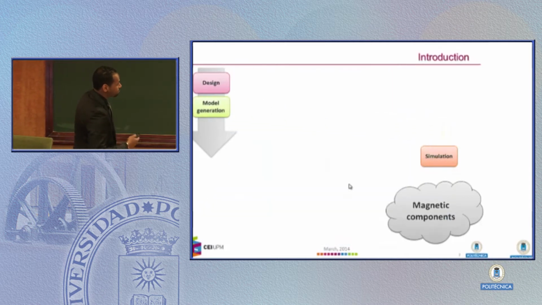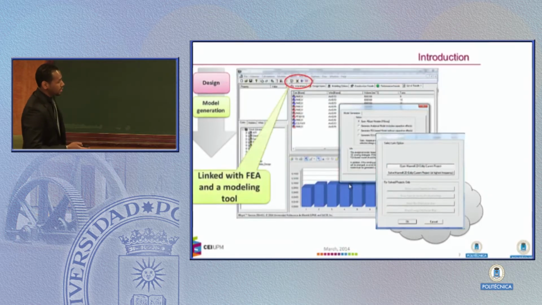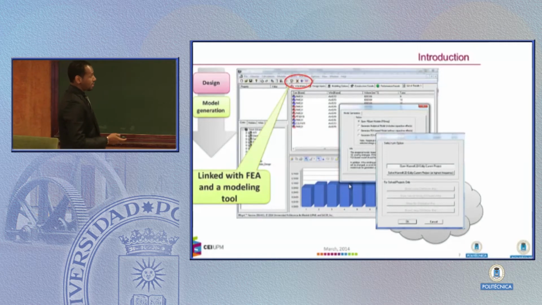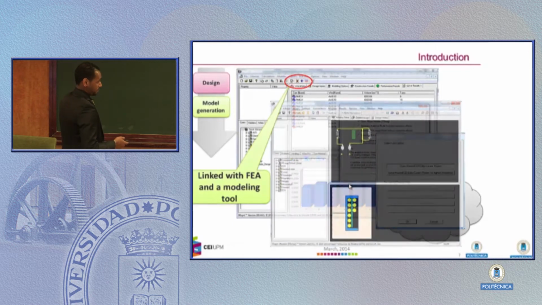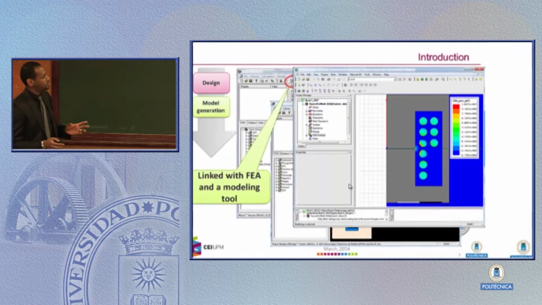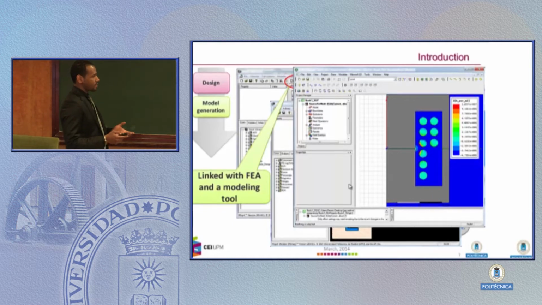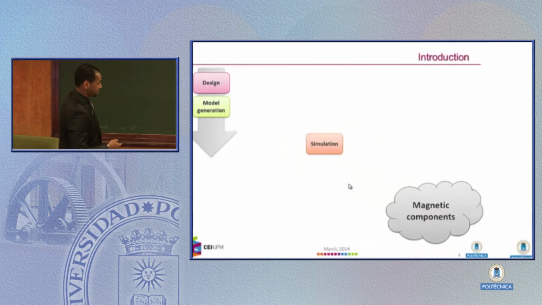In the modeling step, the tool is provided with a modeler of magnetic components and is linked with a finite element analysis that can be used together, for example, to change some geometrical parameter of a component and see its influence over the behavior of the component itself.